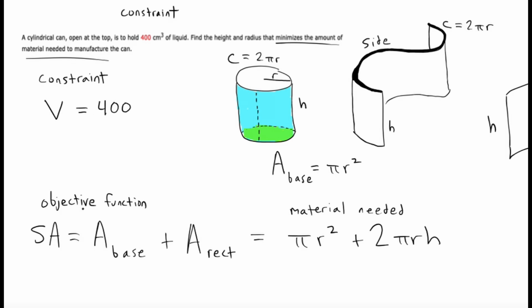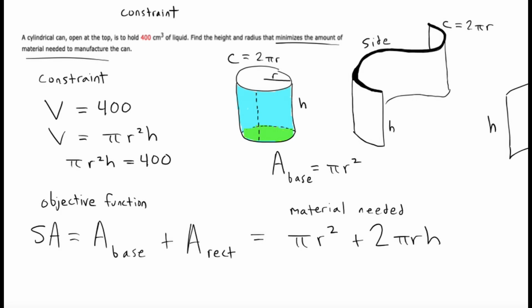However, we could find the volume of the can based on the variables that we looked at so far. Volume of a cylinder is always going to be the base times the height. So pi r squared times the height. So we need for pi r squared h to be 400 is what they're saying.